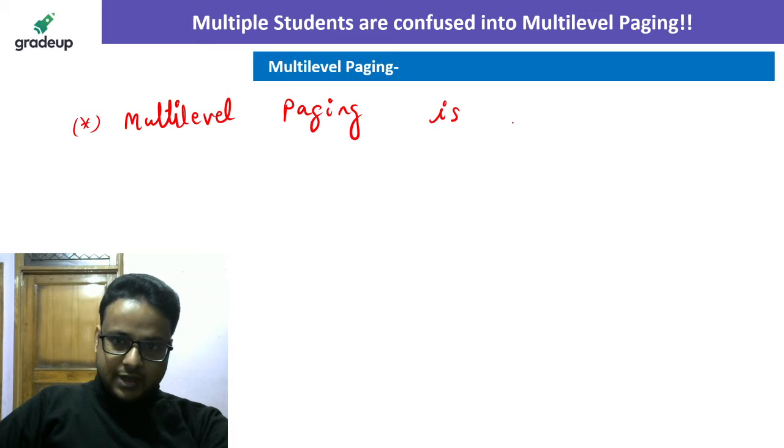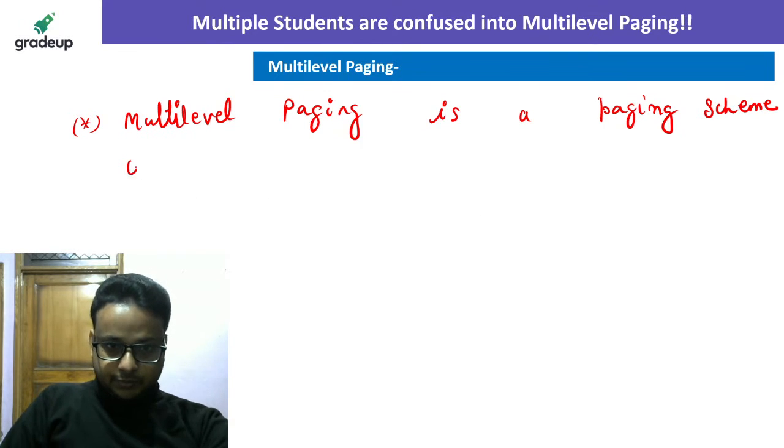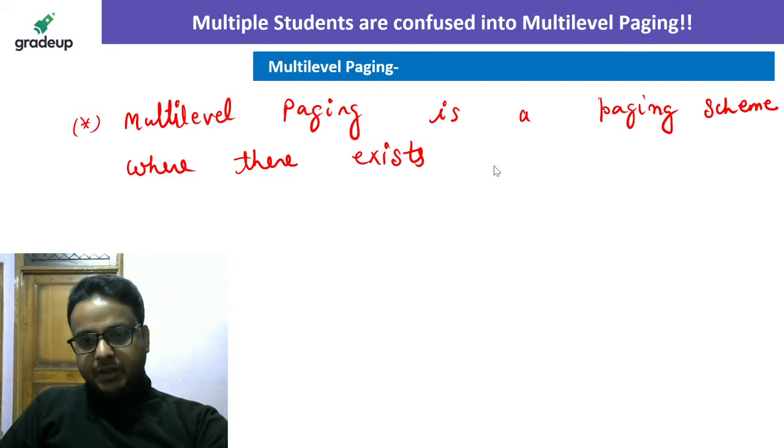Multi-level paging is a paging scheme where there exists a hierarchy of page tables.